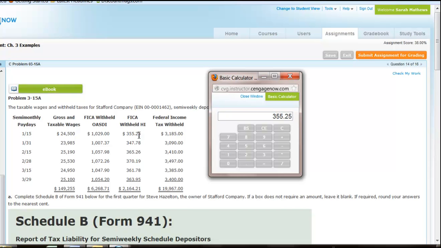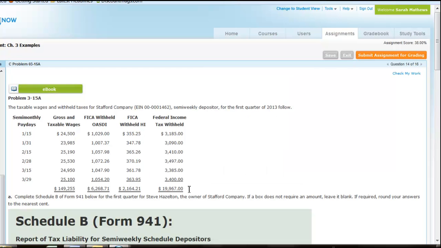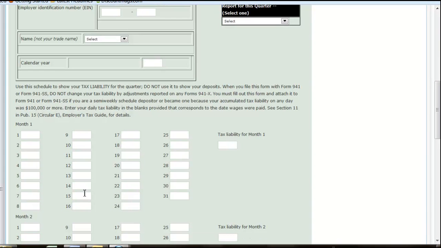So I'm going to add back in that 1,519 that I calculated plus all of the employee's portion, 4,569.25, and end up with 6,443.50. Okay, so where that's going to go is down here on the 15th. That's my first 6,443.50.